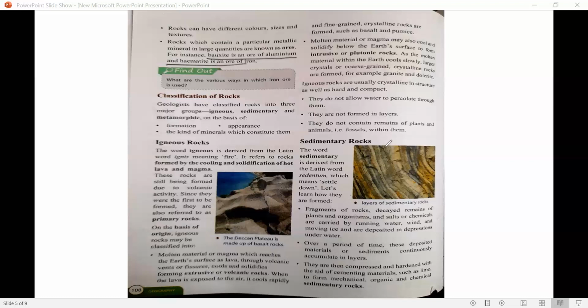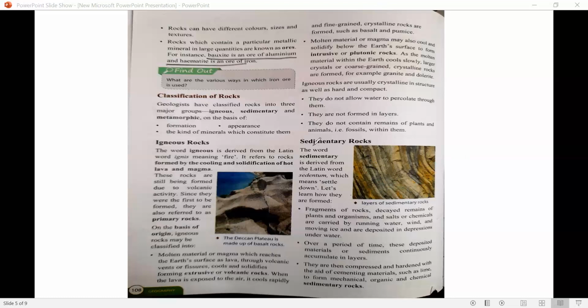They are also not arranged in layers, so they do not form layers like sedimentary rocks. They also do not contain remains of plants and animals such as fossils within them. Fossils contain the remains of plants and animals, but igneous rocks don't.